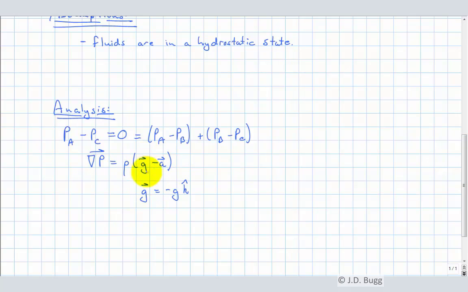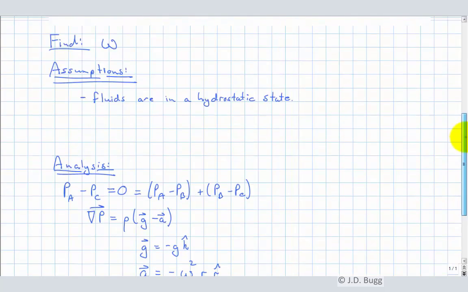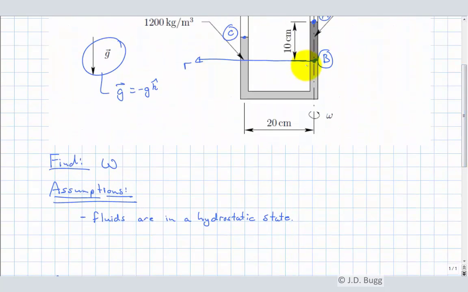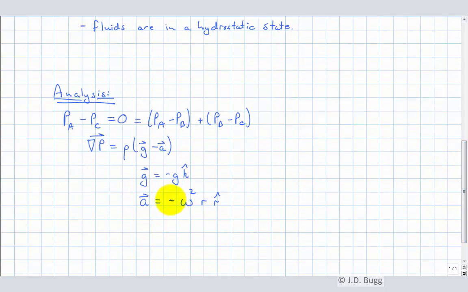So we've got our G for our coordinate system. Now in a rotating system like this, the acceleration is equal to minus omega squared r in the r hat direction. So r hat is a unit vector in the radial direction. And the acceleration of this fluid is always towards the axis of rotation, in the minus r hat direction, and its magnitude is minus omega squared r.